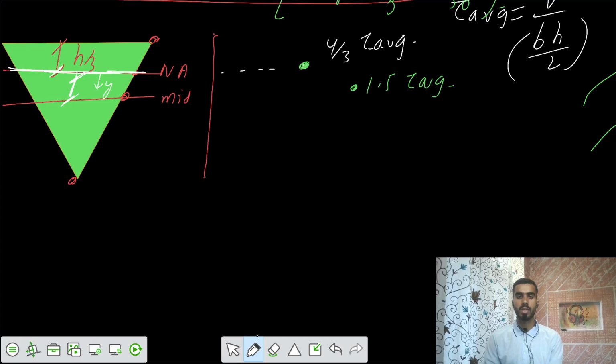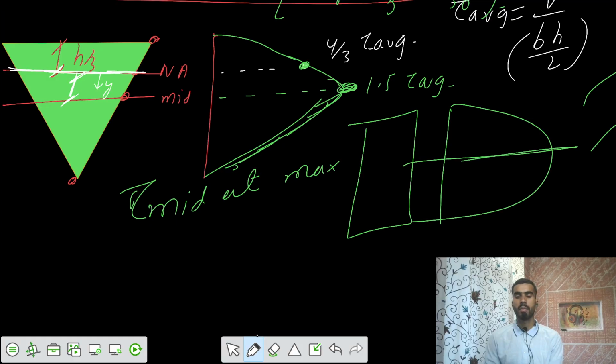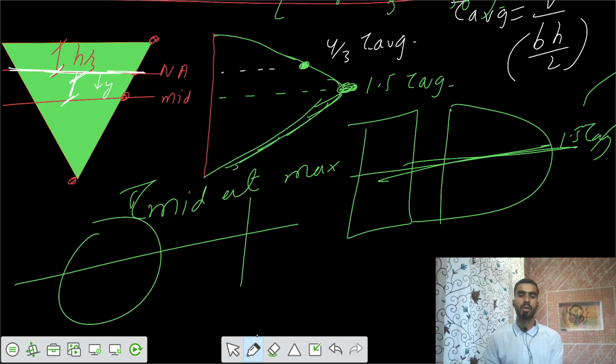After that, you can join them by a parabolic variation, where at the mid you have the maximum shear stress. Similarly, for the rectangle, you had maximum shear stress of 1.5 tau average at mid span. And for the circular case, you have maximum shear stress at the mid, that was 4 by 3 tau average.